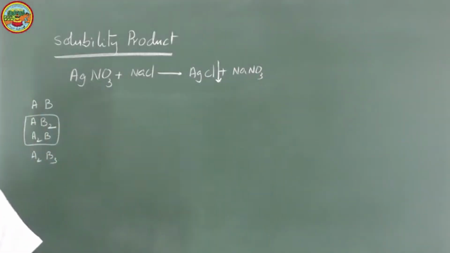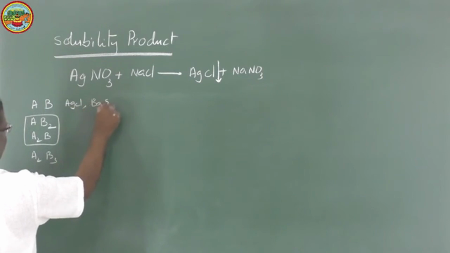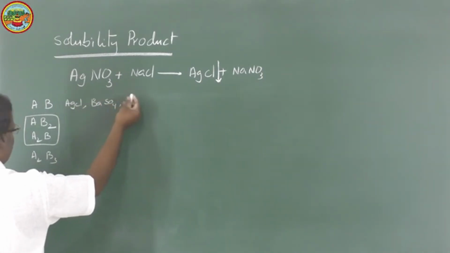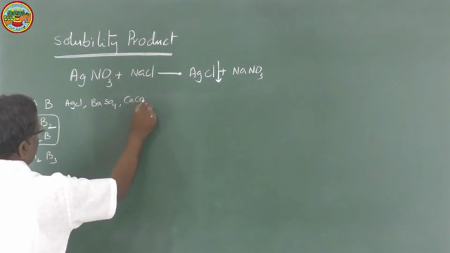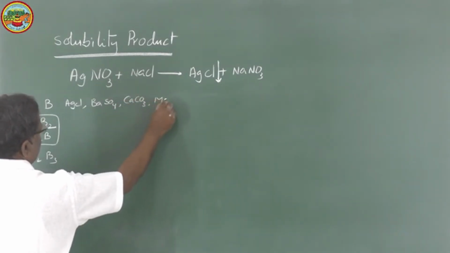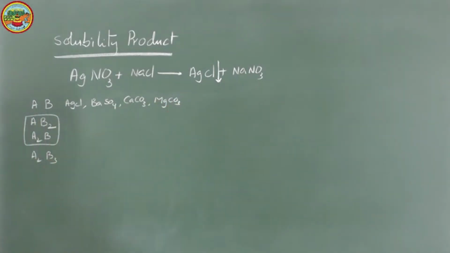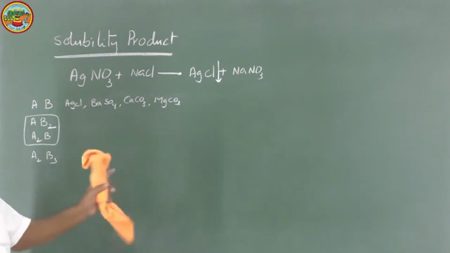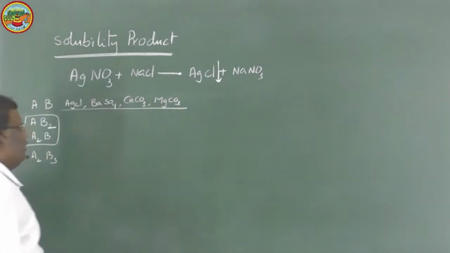AB type means AgCl, BaSO4, CaSO4 or CaCO3, MgCO3. That means the numbers of anions and cations, irrespective of their charges, are equal. Such salts are said to be AB type salts.